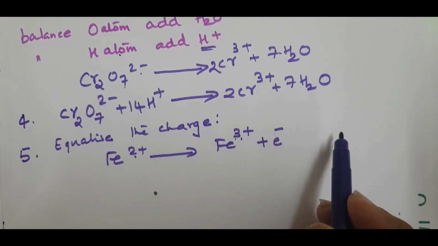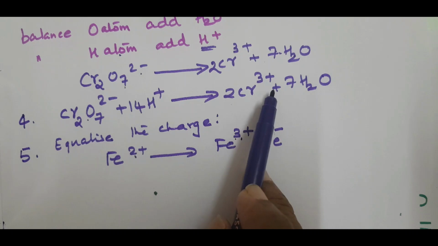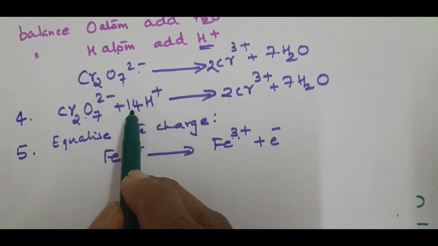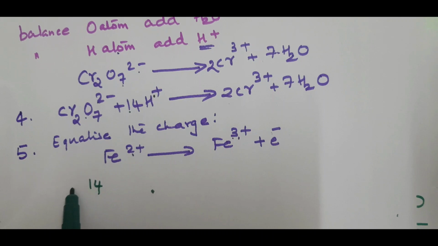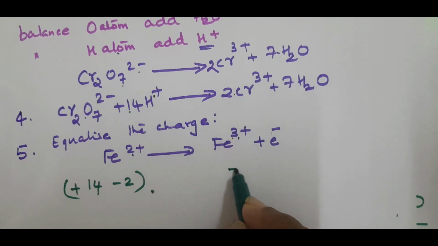Now in the reduction half reaction, we will see the charges on the LHS and the charges on the RHS. See how it goes. What is the charge? This is 14 plus and 2 minus, isn't it? So 14 plus and minus 2, so here it is plus 12, and here it is plus 6.